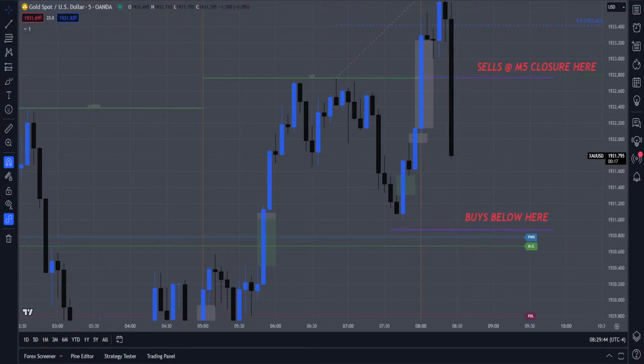So I will go ahead and get this ready. You may hear me open, let me see what the lot size will be. For a 1-to-1 R trade, I want this candle to come back up because we're not going to chase this trade. So about a 2 lot, so 2.5.